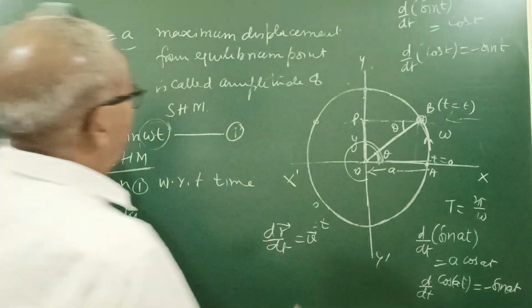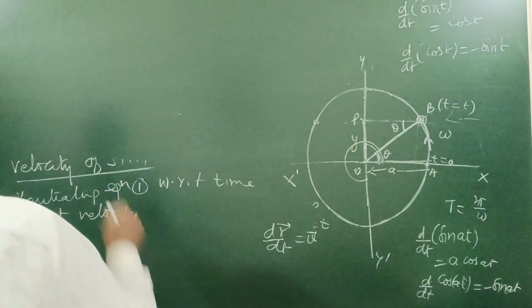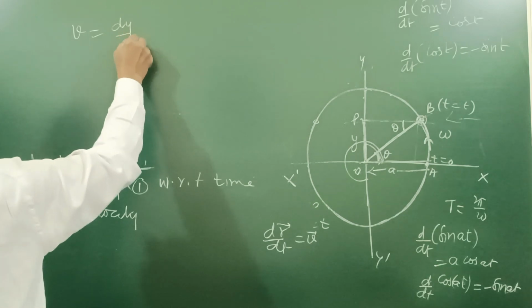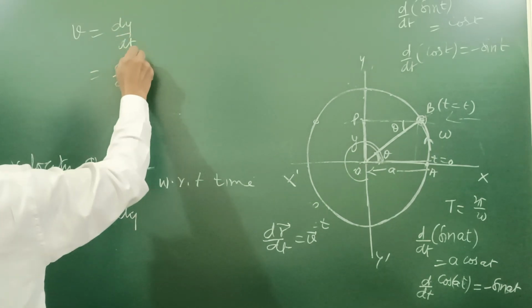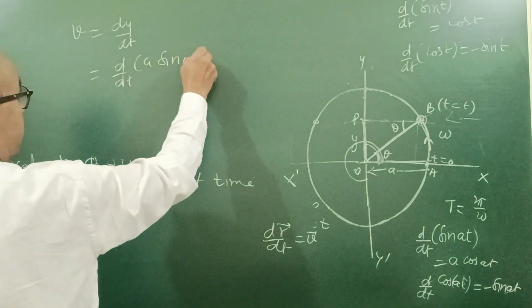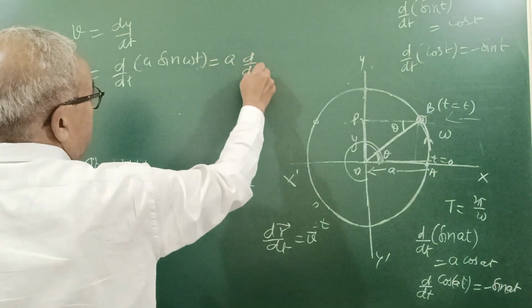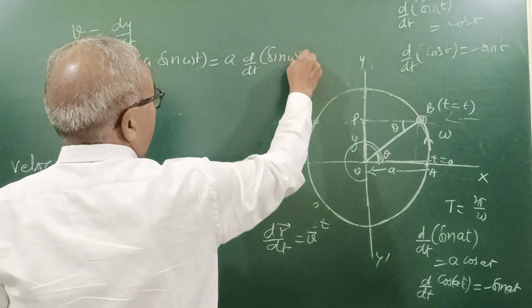I have explained you many times the meaning of this. So v equal to dy over dt, यानी कि d upon dt of a sin omega t is equal to a d upon dt of sin omega t.